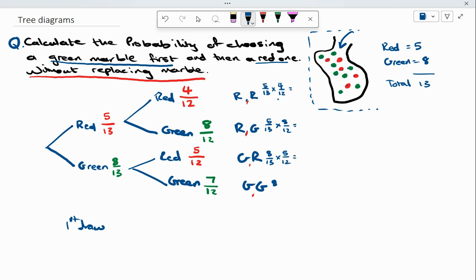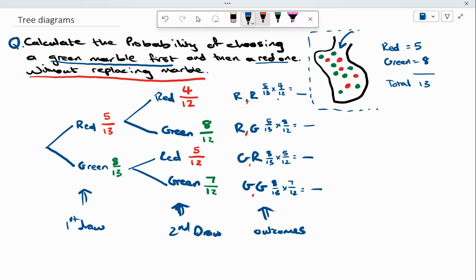The next one, 8 over 13 times 7 over 12. In each of these, we have a base of 13 over 12. By the way, this was the first row, so this is going to be the second row, second set of branches, and then the outcomes are all of these possibilities.